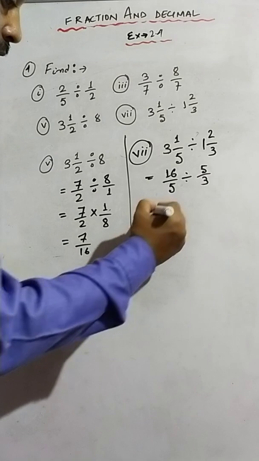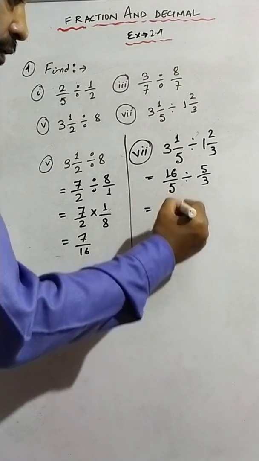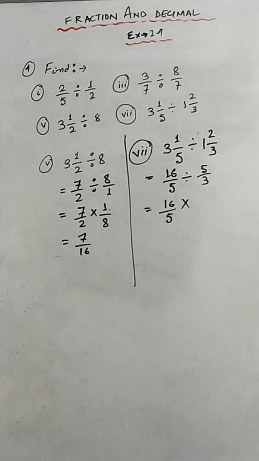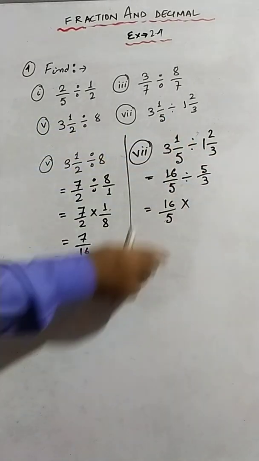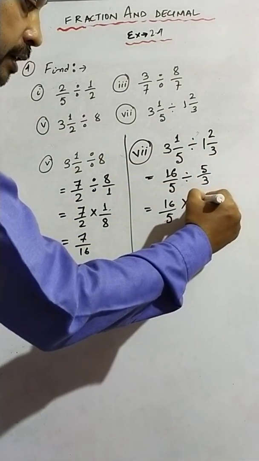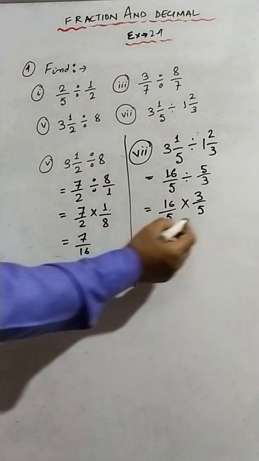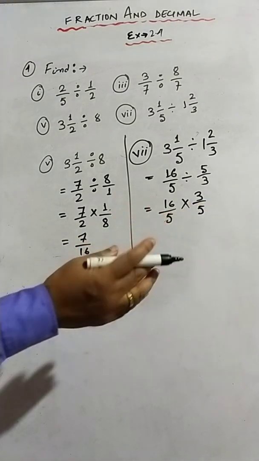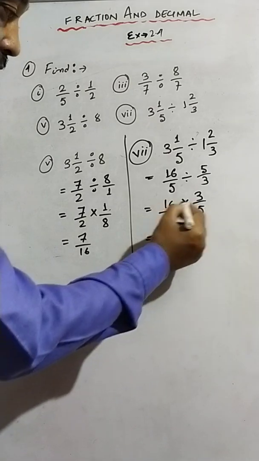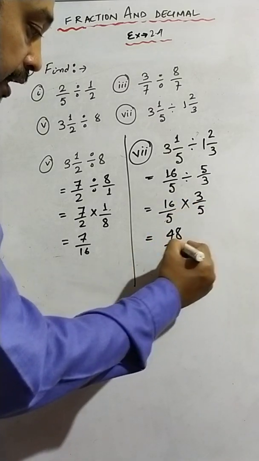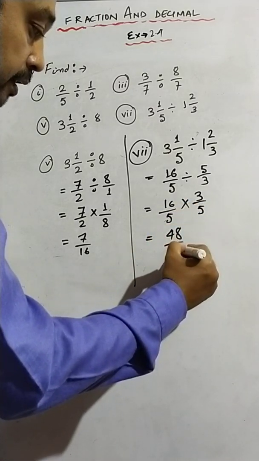Now the next step, 16 by 5, in place of division sign we'll put a multiplication sign. Now this fraction will be reciprocal, so we will write it in the form of 3 by 5. Now can we reduce any number? No, we cannot reduce any number. So 16 3s are 48 and 5 5s are 25.